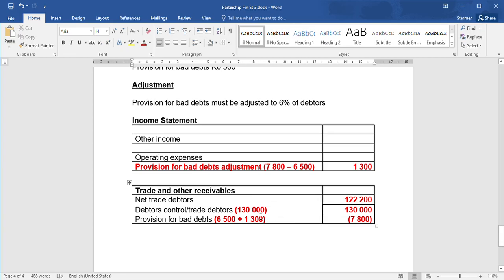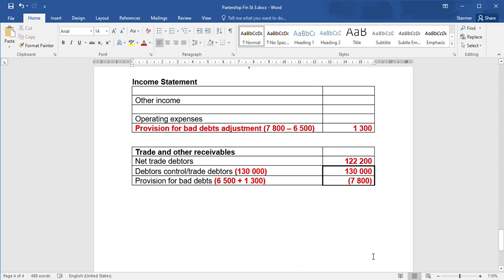Remember as well, if there are any adjustments that affect debtors control, add or subtract them as necessary. Get the 130,000 or whatever the answer is there, multiply by percentage and put the answer straight away. Then look at what you've already got to see whether you need to increase or decrease your provision for bad debts.